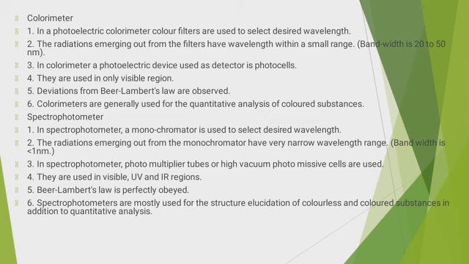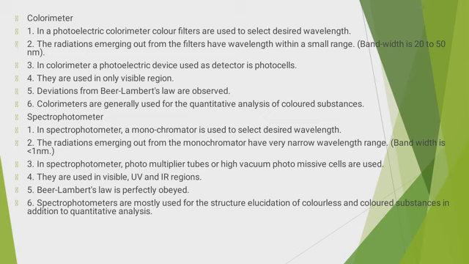So this is about the distinction between the spectrophotometer, colorimeter and photometer. The colorimeter is exactly the same as the photometer, but there is a difference between the spectrophotometer and the colorimeter. So what is the main difference? In the colorimeter, we use filters to select the desired wavelength, instead of monochromatic light.